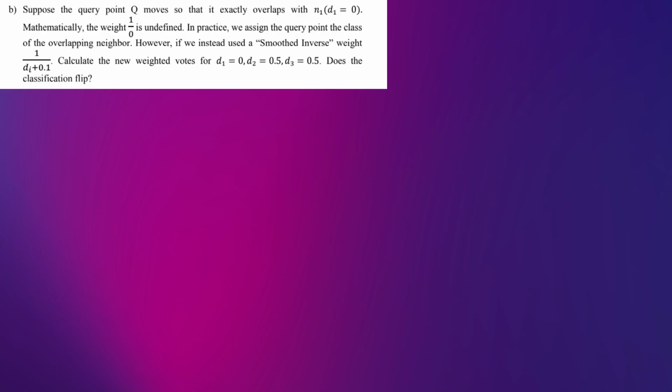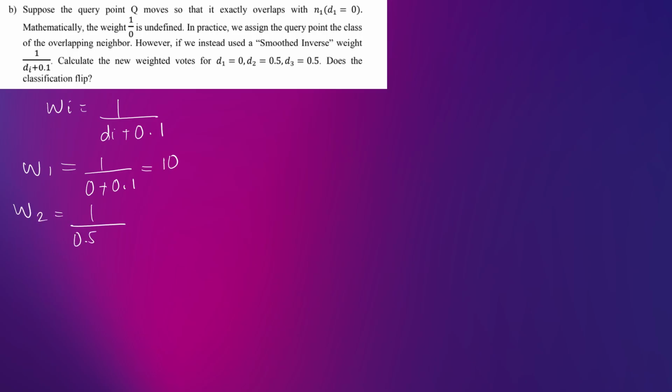Now, there's a B part to this question. This is a B part which says that now your new weighted votes are given to you. So here you are given a formula 1 upon d of i plus 0.1. So first we'll calculate the new weights. 1 upon 0 plus 0.1, so you get this as 10.